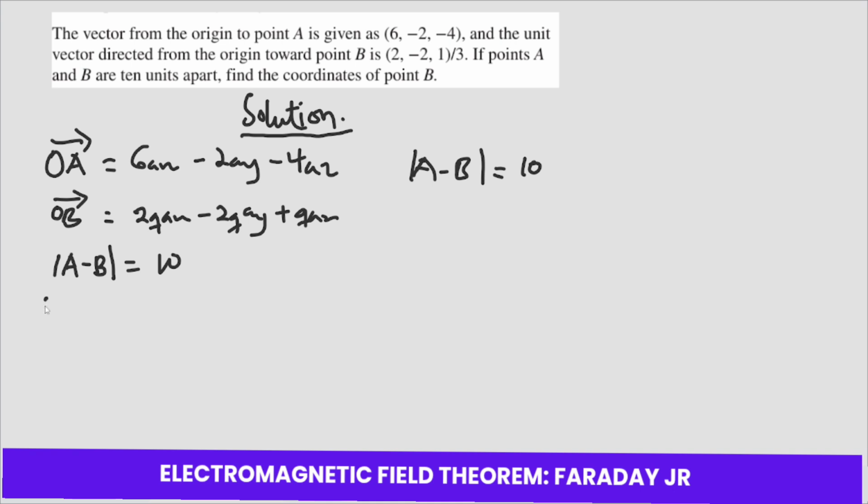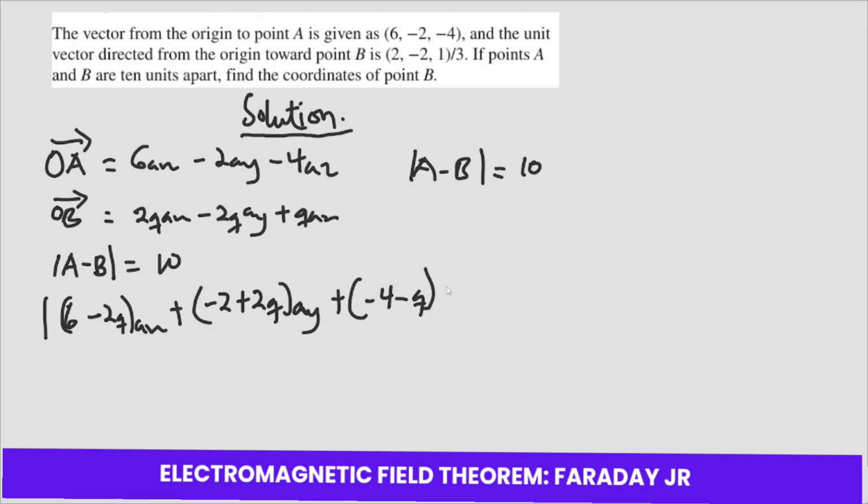Hence, the magnitude of (6 minus 2q) ax plus (negative 2 minus negative 2q, that's going to give us plus) so negative 2 plus 2q, ay plus (negative 4 minus q) az should be equal to 10.